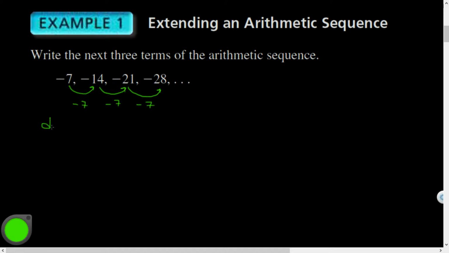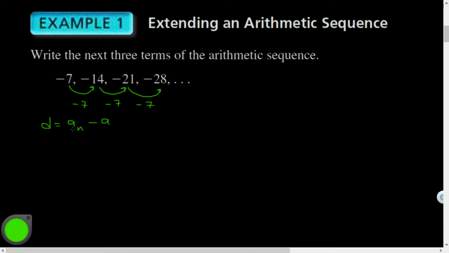To calculate your common difference, what you can do is take any term and subtract the term before it. If my term was a sub n, then the term before it would be 1 less than that. If my term is the second term, the term before it is the first term. If my term was the fourth term, my term before it is the third term, one less term.